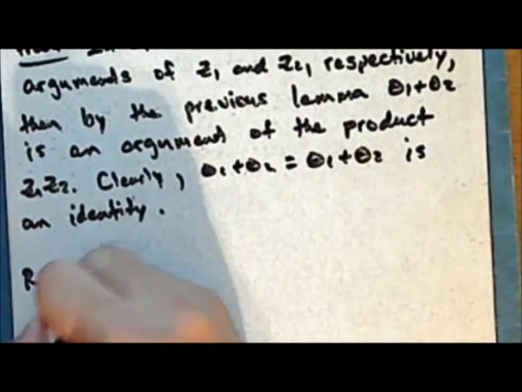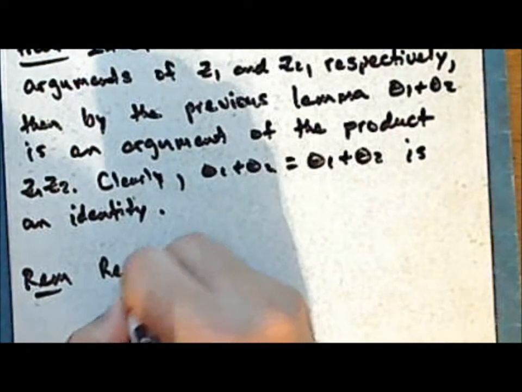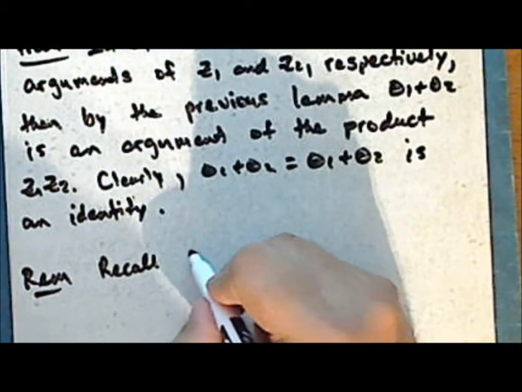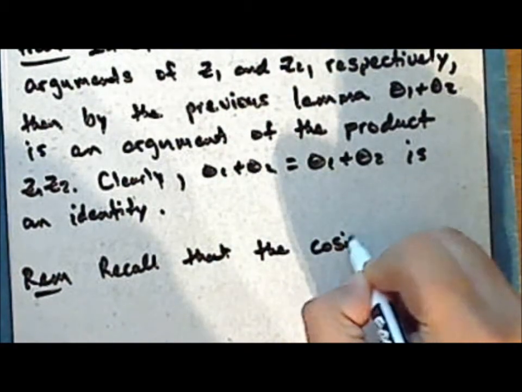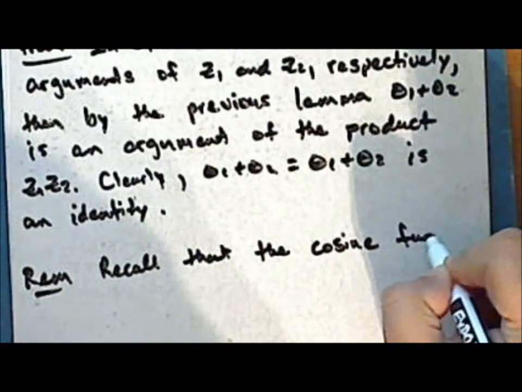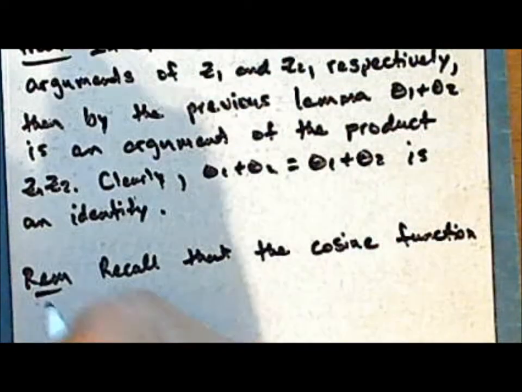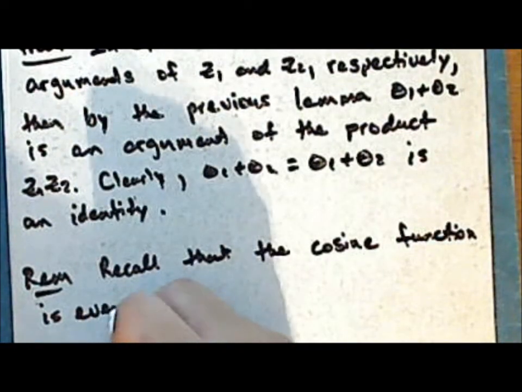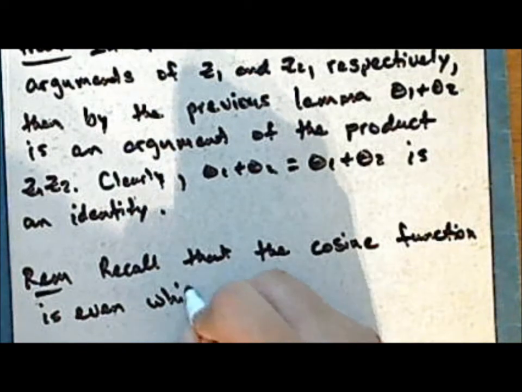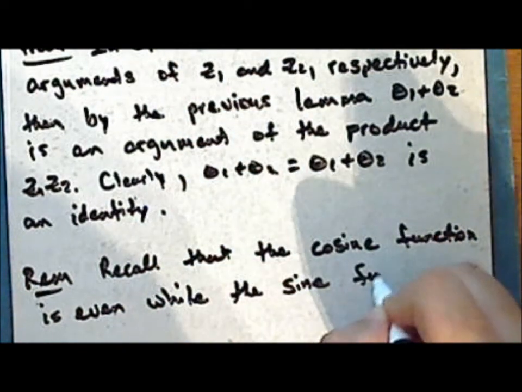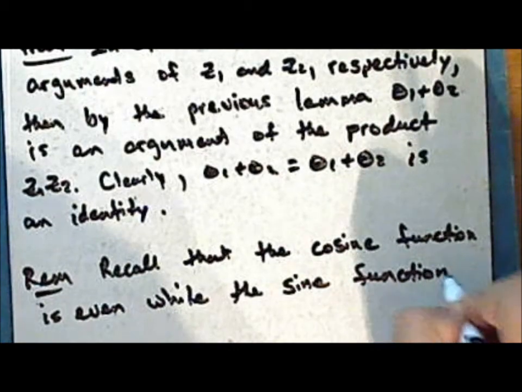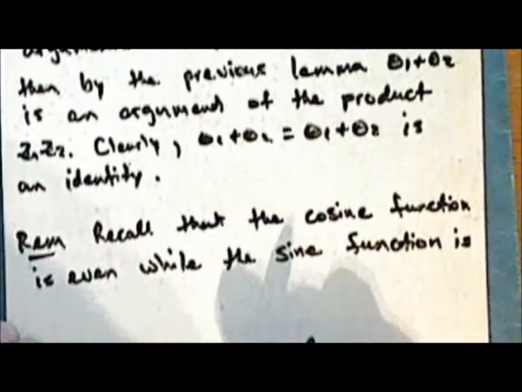So recall that the cosine function is even while the sine function is odd.